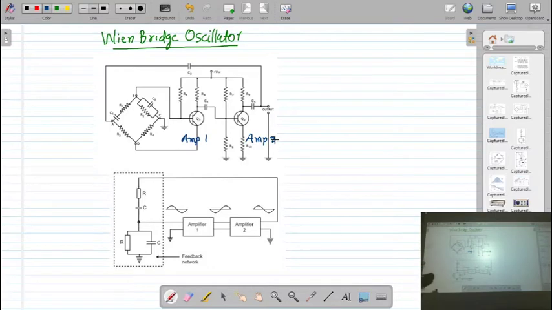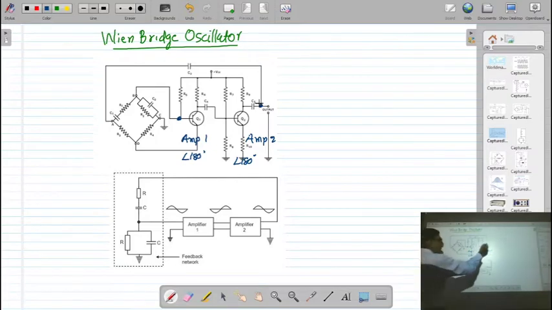Now we know that the amplifier is providing a 180 degree phase shift, and another amplifier is also providing a 180 degree phase shift. Both are common emitter amplifiers. So the total phase difference is 360 degree, or you can say it is 0 degree. Means the phase difference between this input voltage and this output voltage is 360 degree.